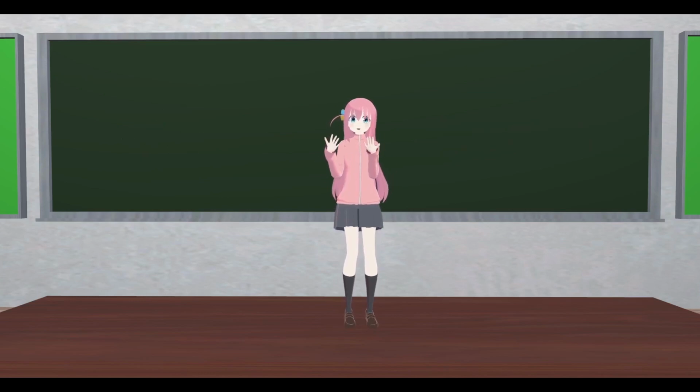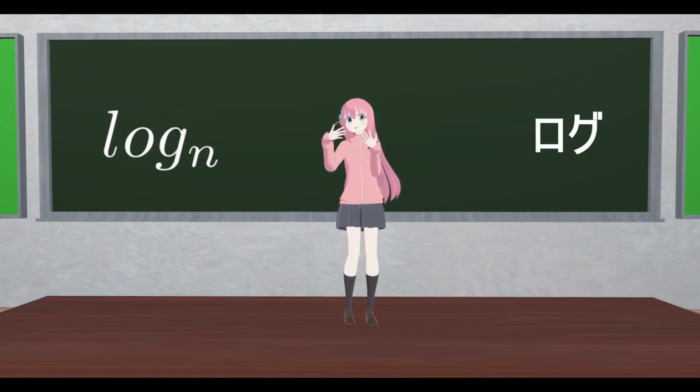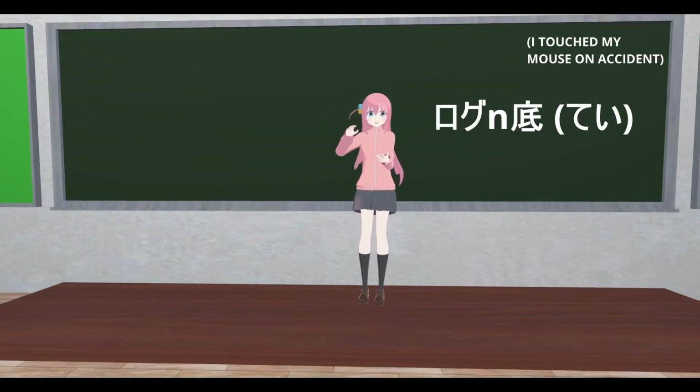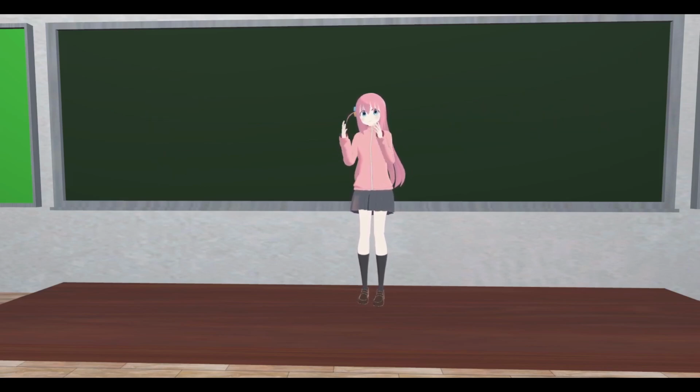Now, in the opposite way, logarithms actually have a native Japanese word. It's たいすう. Although when you actually read the symbol, you usually just say log. Or for a log base n, you say log n 底. So the 底 comes from the word soko, which just means base. It's also used in base as in like the base of an exponent.